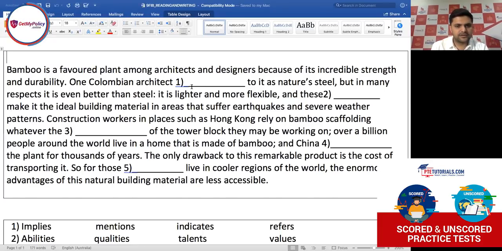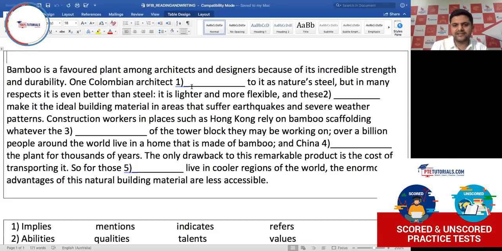So one Colombian architect implies to it as nature's steel, mentions to it as nature's steel, indicates to it as nature's steel, and refers to it as nature's steel. Now, yeah, if you say that mentions it as nature's steel, maybe, indicates it as nature's steel, maybe, but when you have the word to right after the blank, in that case, you can't say mentions to it as nature's steel.